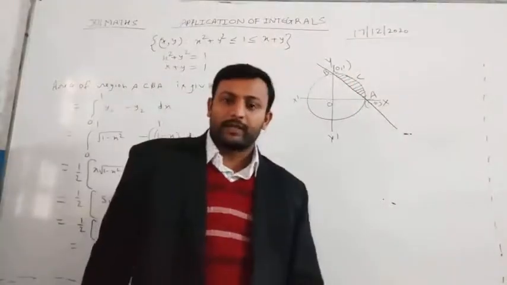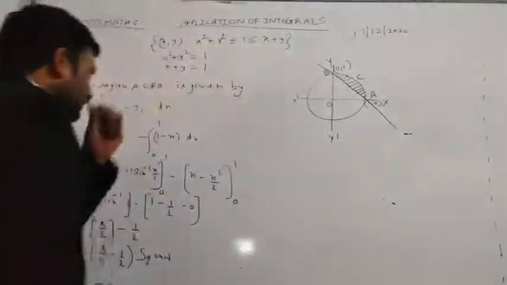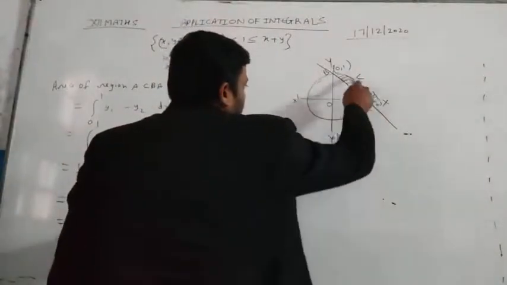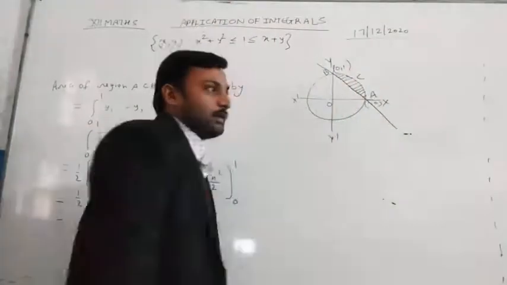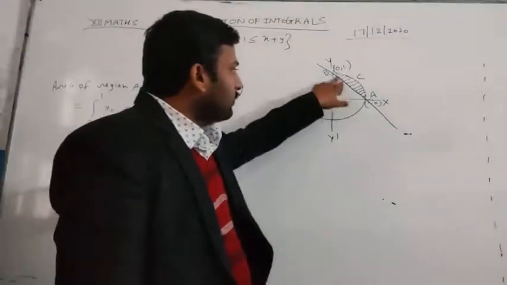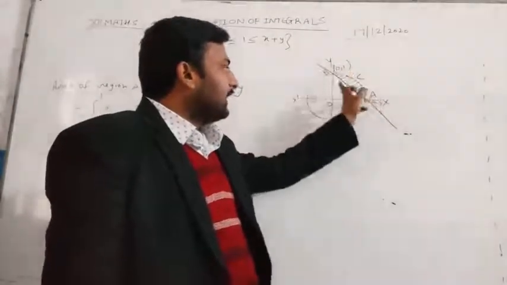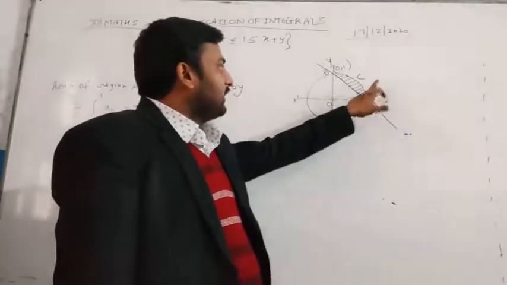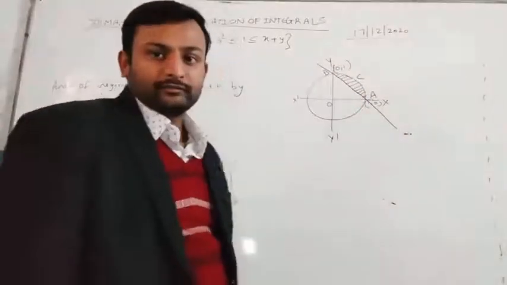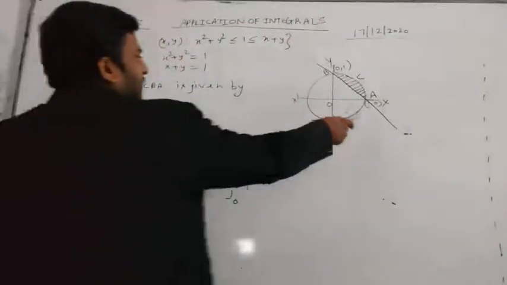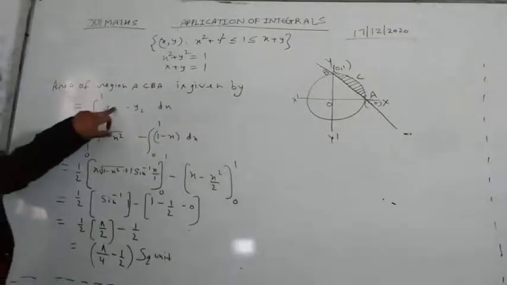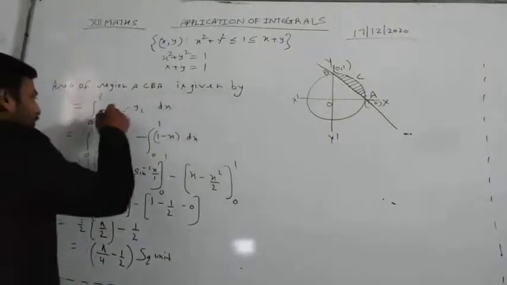Now, to find the area, what will we take? We will take the area from limit 0 to 1, y1 dx, where y1 is the curve of the circle, and minus the line passing through intercepts A and B, which cuts the x-axis at A and the y-axis at B. This will be y1 minus y2 with limits 0 to 1.